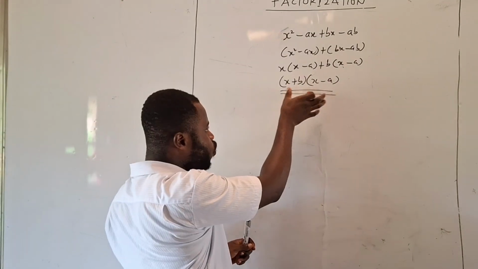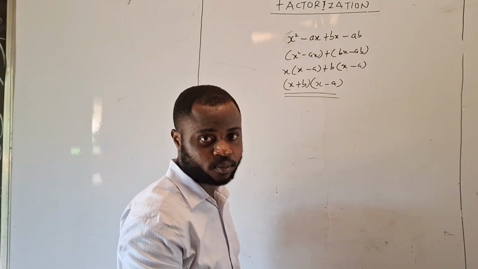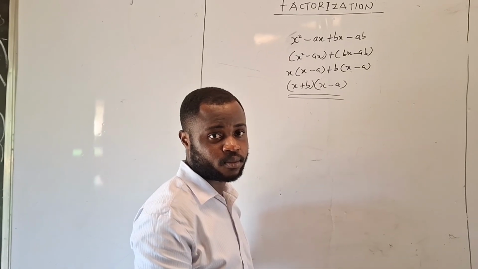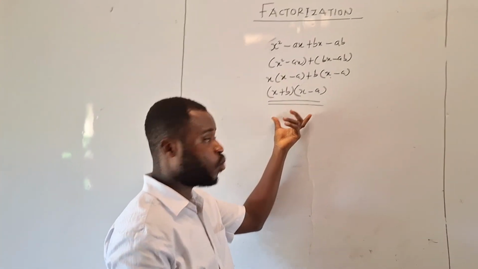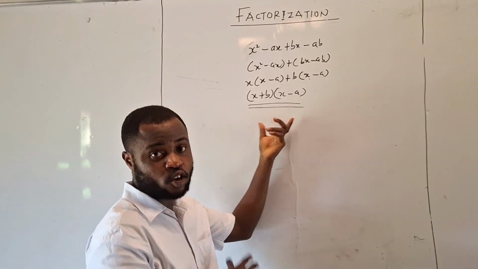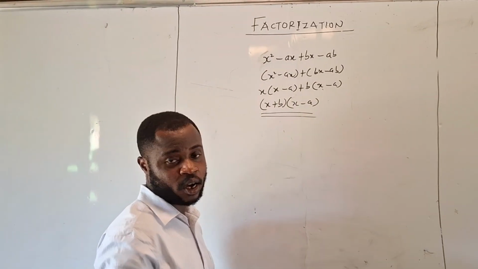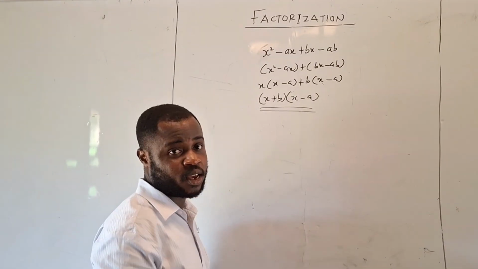Now this one, if you use binomial expansion to solve this, you should get back this expression. So you can watch my previous video on binomial expansion, then you try your hands on this, and you can write in the comment section the answer you got.